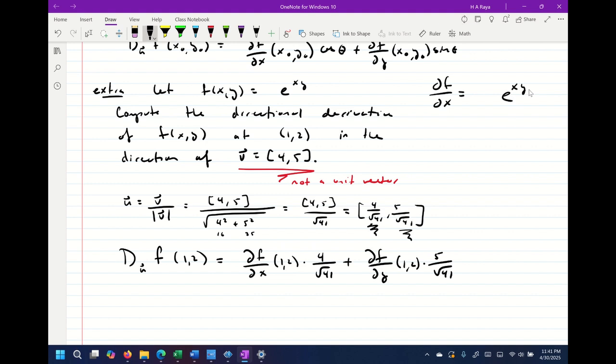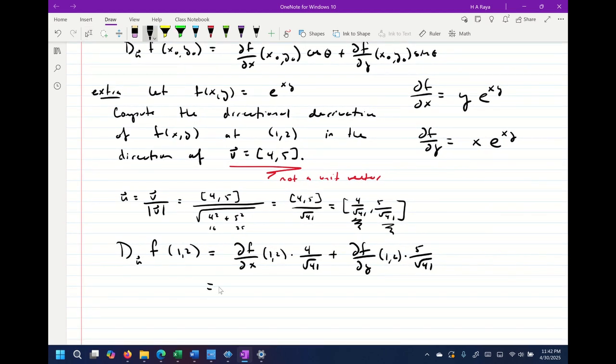And then the partial derivative of xy with respect to x is simply going to be y. Similarly, the partial derivative of f with respect to y is going to have that same e to the xy in it, and the partial derivative of xy with respect to y is going to be x.